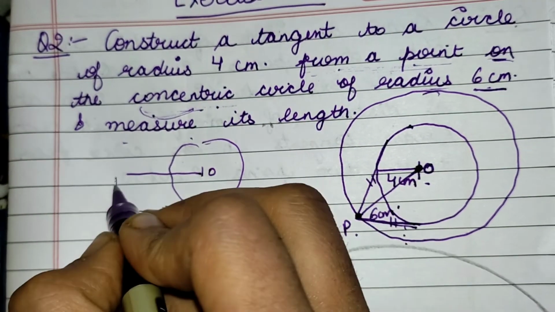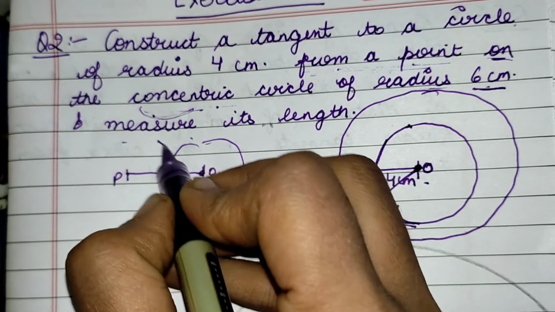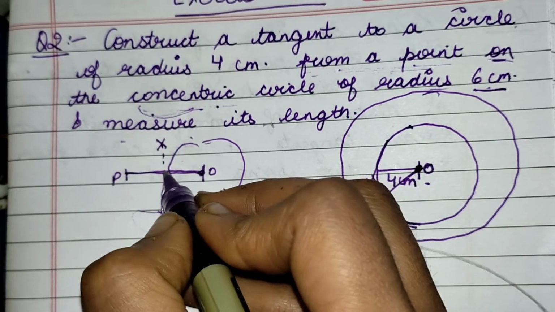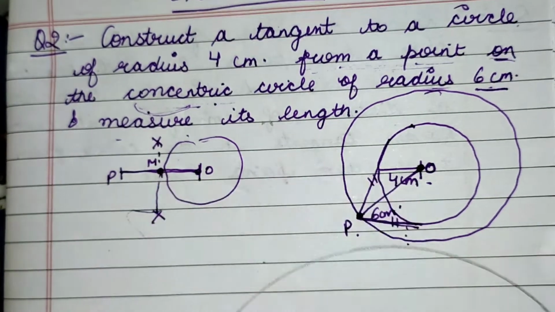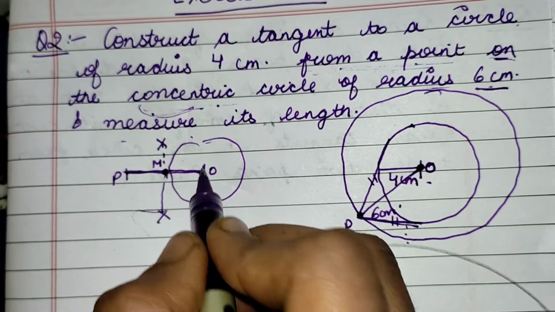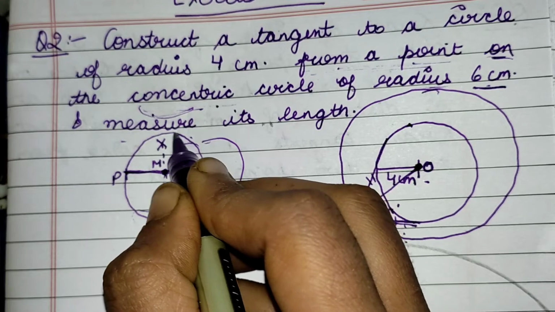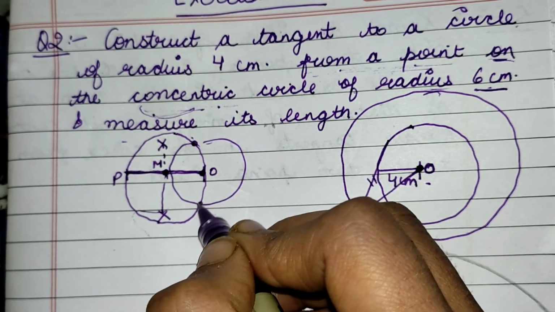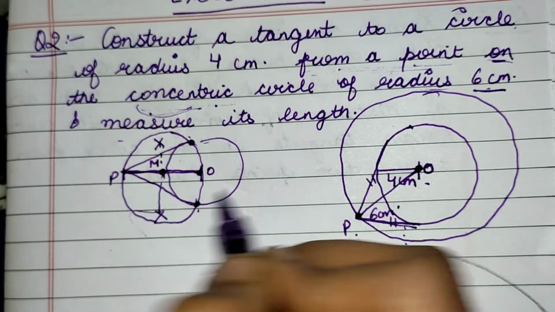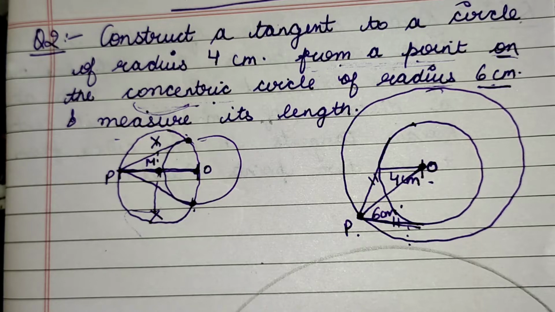We join the point with the center and bisect this line O and P. Then wherever it meets this line, suppose it is meeting the line at point M, then taking MP or MO as diameter, we draw another circle, and the points at which this is going to intersect our given circle are the points where the tangent is going to be drawn, right? So we are going to follow the same process here now.